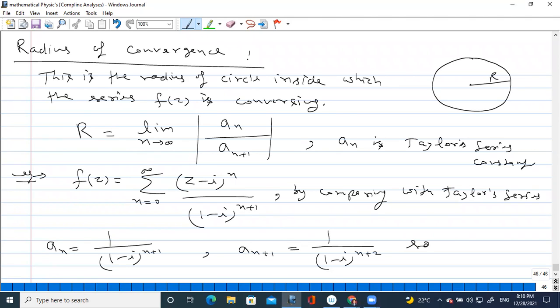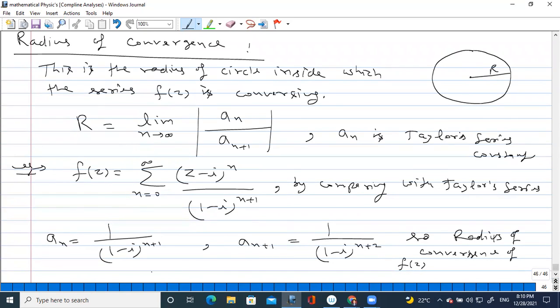So the radius of convergence of f(z) will be R equal to limit n tending to infinity of mod of a_n divided by a_(n+1). If you divide it, that will be mod of (1 - i). No need to take n now; this is 1 - i only.